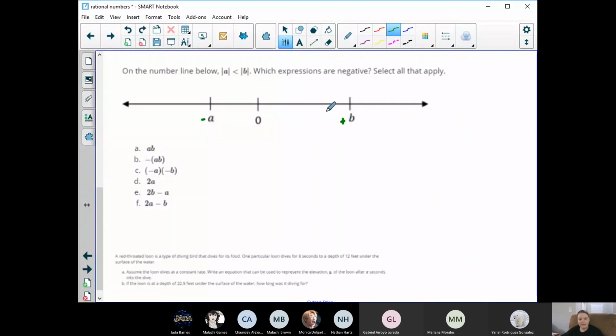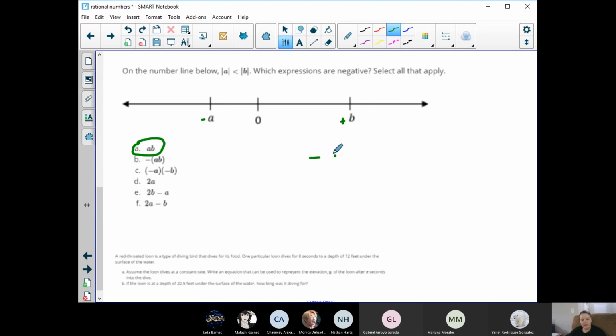If I take A times B, so we have a negative times a positive, is my answer going to be a negative or a positive answer for A times B? Negative. Because we have two opposite signs, correct? So if our criteria is to select all that are negative, we know A is going to be a negative answer. What about the opposite of A times B?